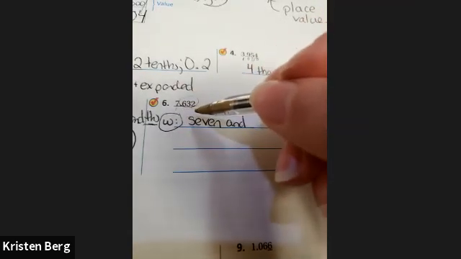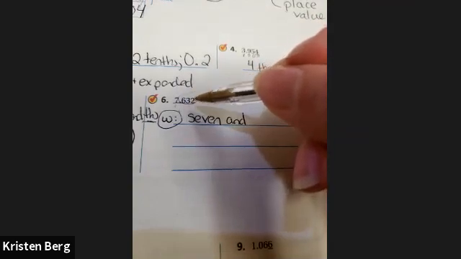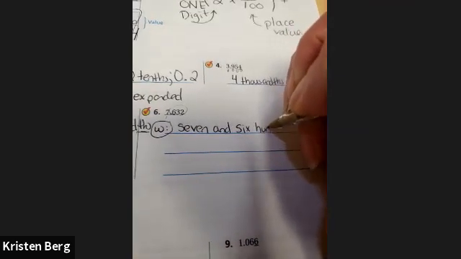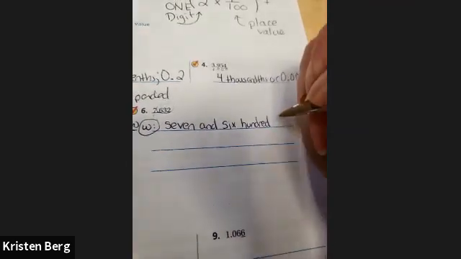632. A lot of people want to get that confused just because it's after the decimal. They think it changes. It does not change. It is still the same exact thing. So it is 632.